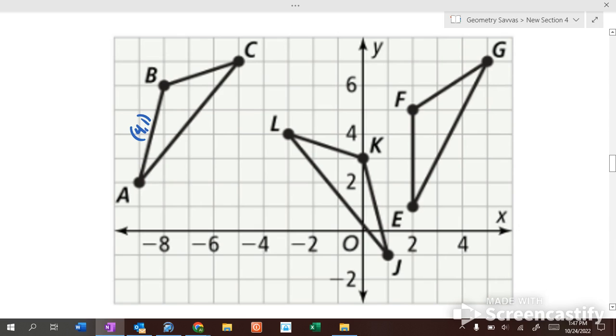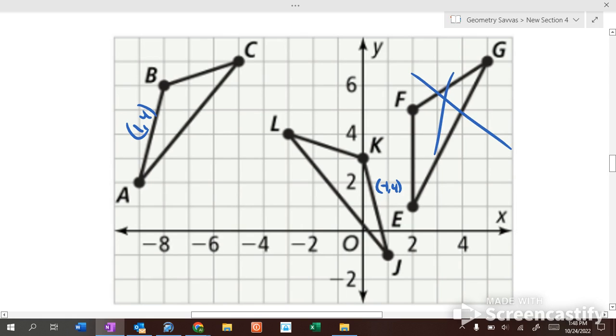Any of those I go 4 and 1? Well, JK, I go -1 up 4. Whoops, I did this backwards. Probably I should go 1, 4 in that order. So JK, I go -1, 4, which is the same length. Okay? Any of these that I go 1, 4 in?